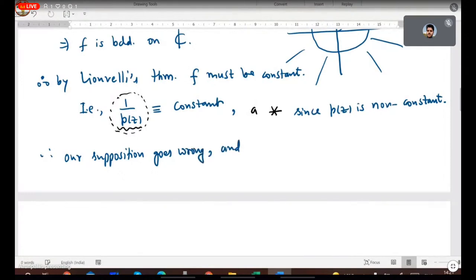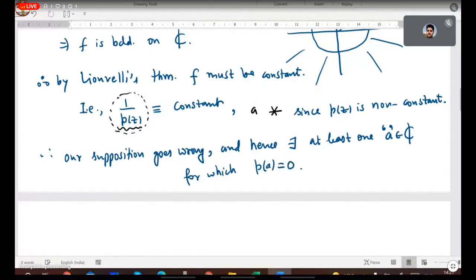And hence there exists at least one a belonging to C for which p(a) will be 0. Yes or no, class? And this completes the proof.